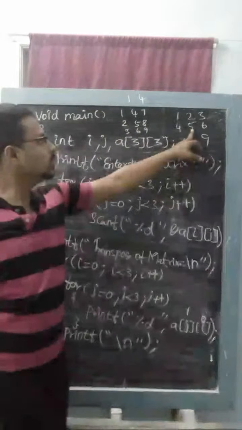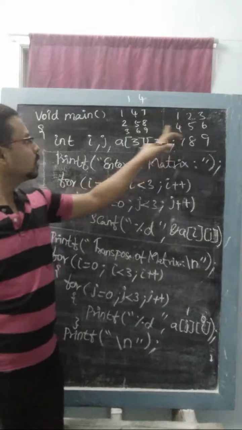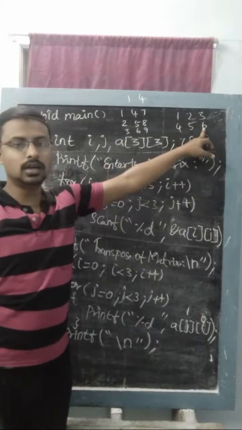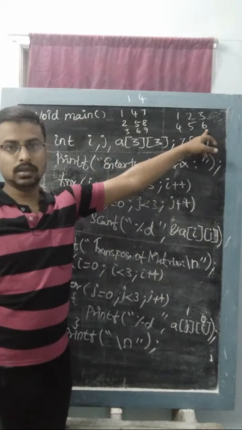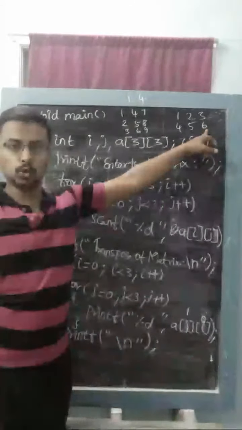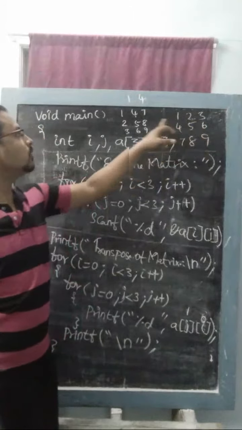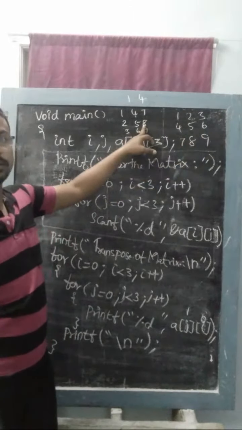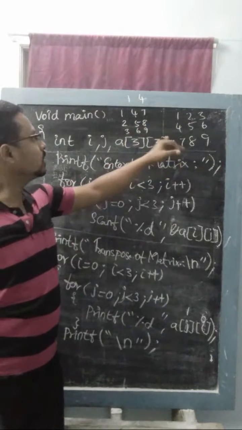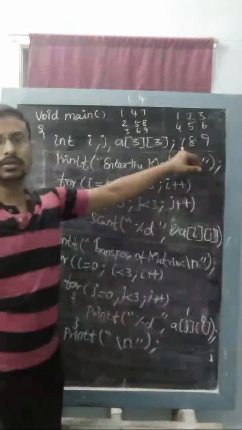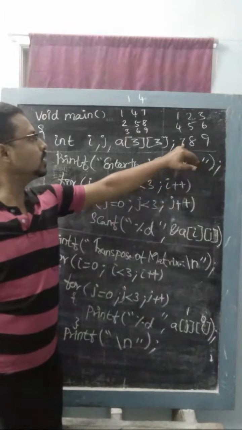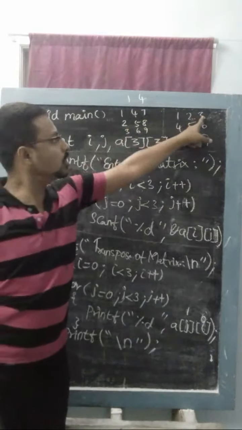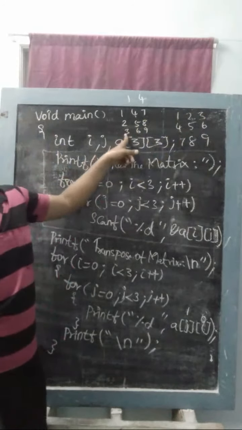Okay, and then here it is 1 1. 1 1 is in the same place. And here it is 1 2, and in place of 1 2, 2 1 will come. Which one is 2 1? This is 2 1. Has it come here? That's the thing. And then here it is 2 0. Where 2 0 was, on this side 0 2 must come. What was in 0 2? 3 was there.